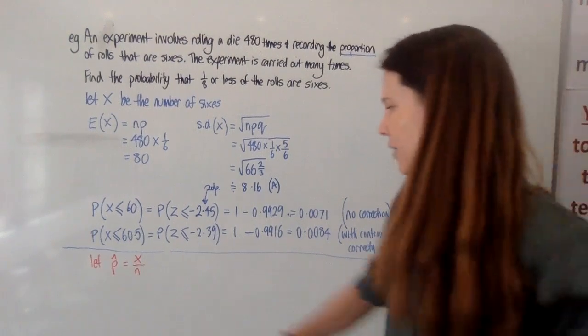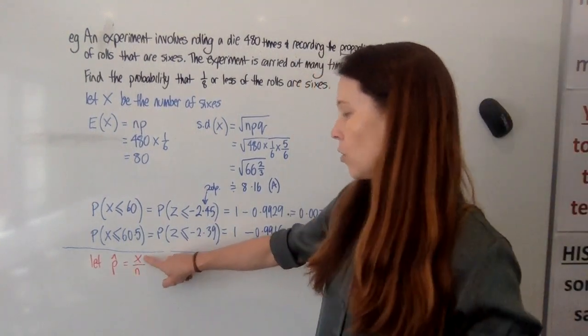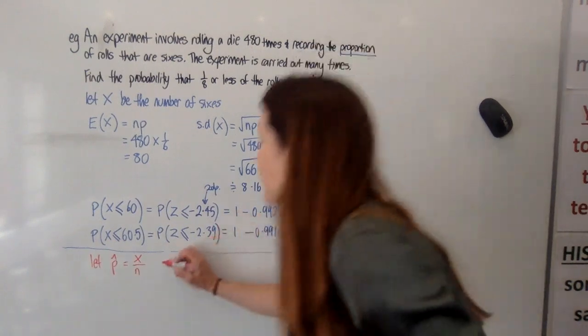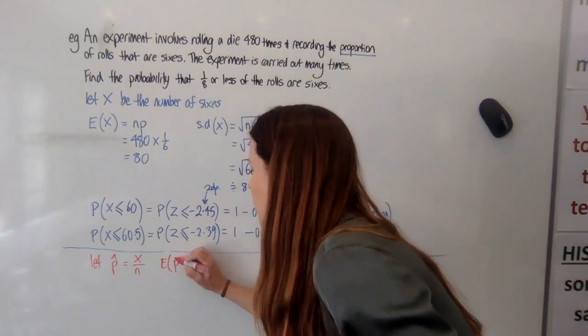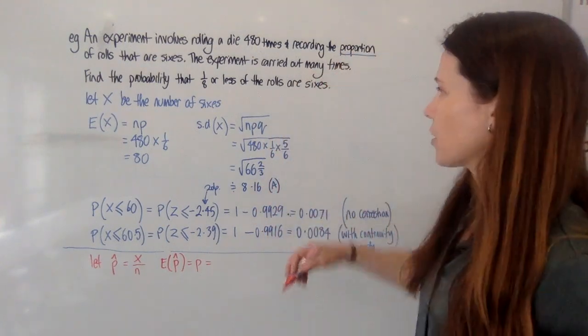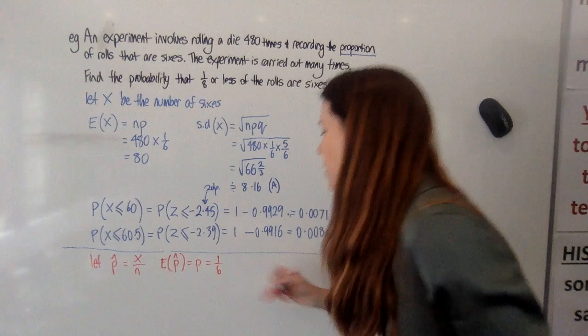Now, if we let the proportion equal all of the things that could happen divided by the number of things that there are, then we can say that the expected value of that proportion is just going to be p, and in this case that's the chance of getting 6, so it's 1/6.